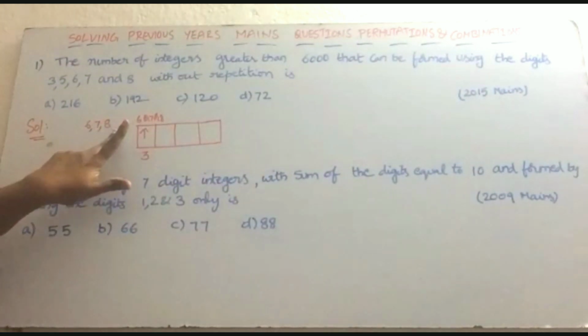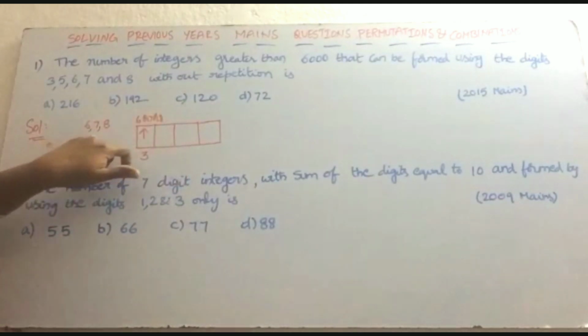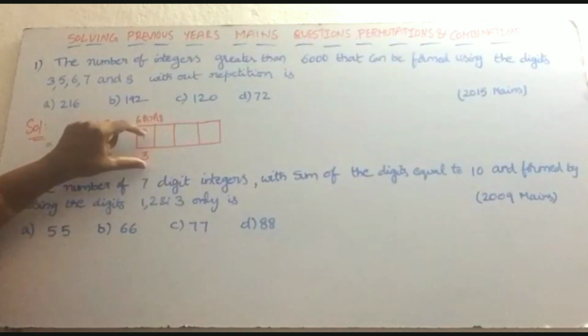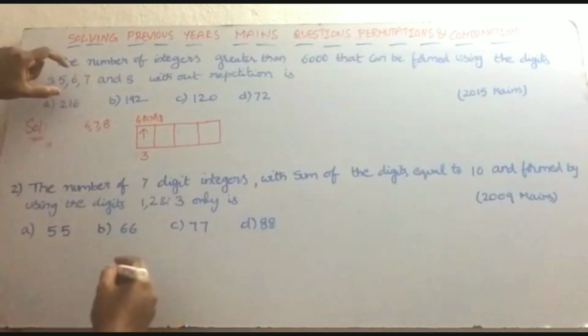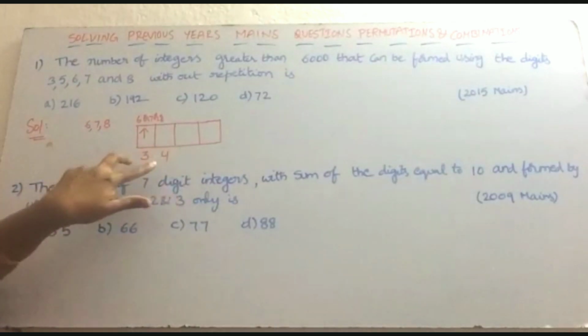If 6 or 7 or 8 is the first digit, the remaining digits can be arranged in 4 ways, since 4 digits remain out of 5. Then 2 digits are used, so 3 digits remain, and then 2 digits remain.